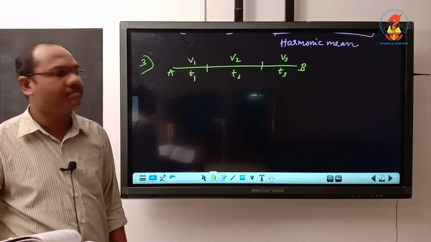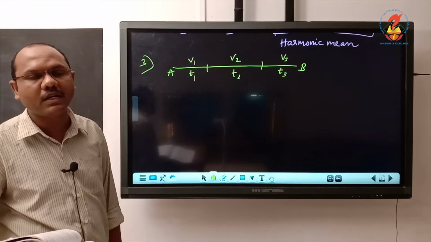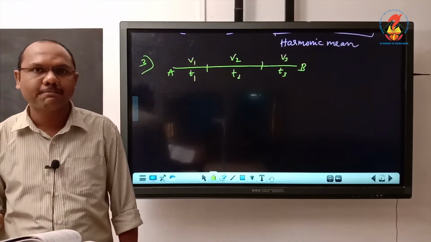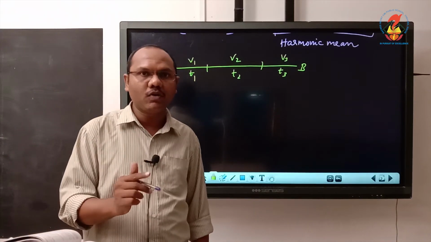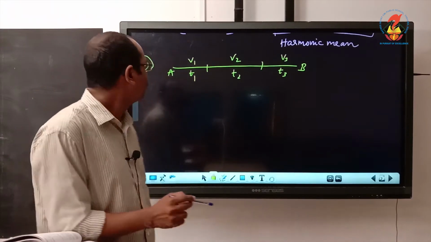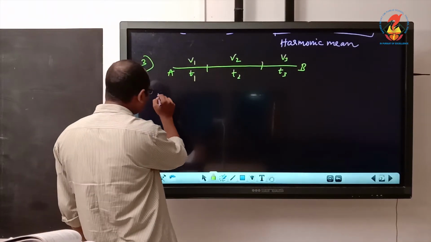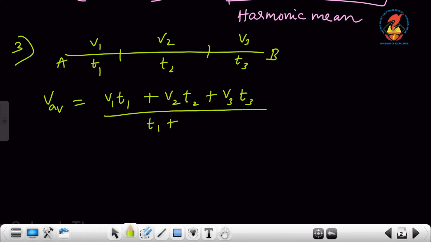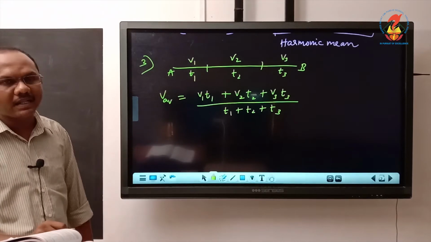So we need average speed, which is total distance by total time taken. Here distance is not there. How will we find the distance? Distance is equal to speed into time. Therefore, I will write V average is equal to V1 T1 plus V2 T2 plus V3 T3 by T1 plus T2 plus T3. This is how we can find the average speed.